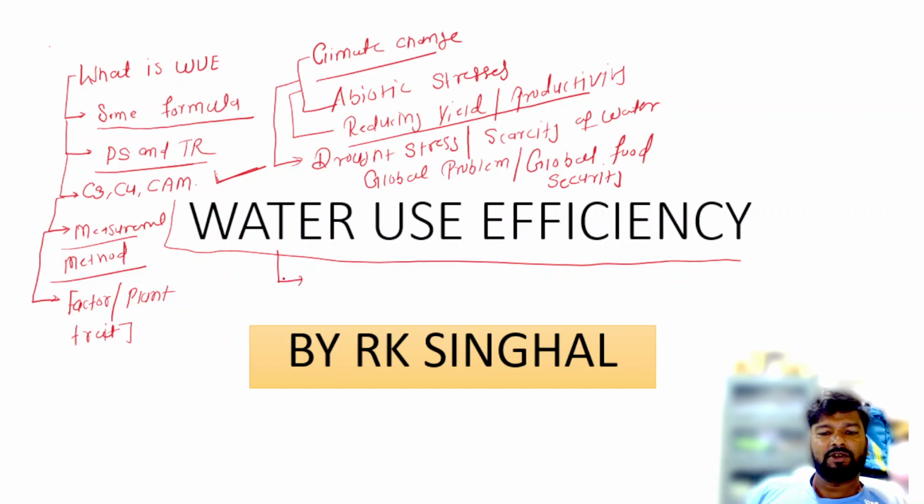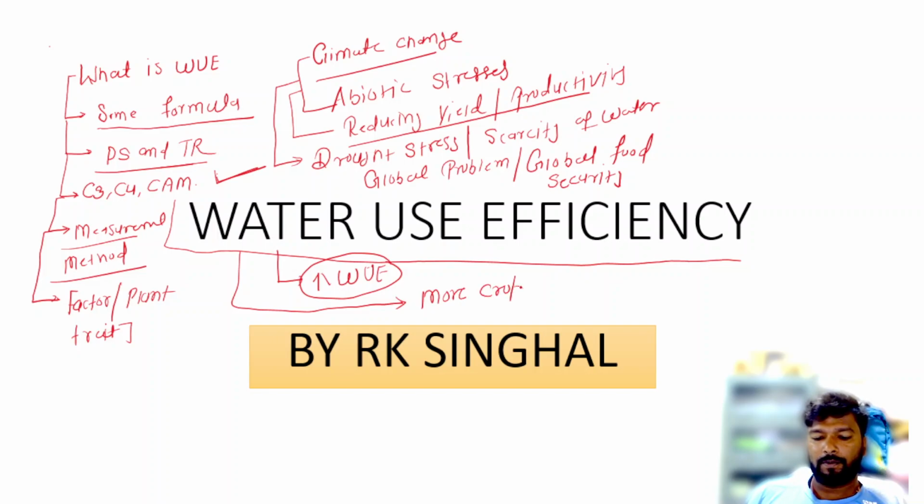therefore it is crucial to increase the water use efficiency. So the main motto of increasing water use efficiency is more crop per drop.